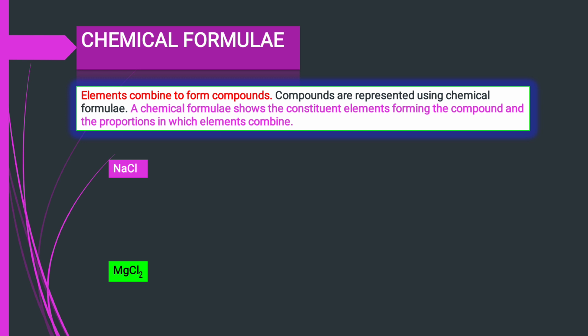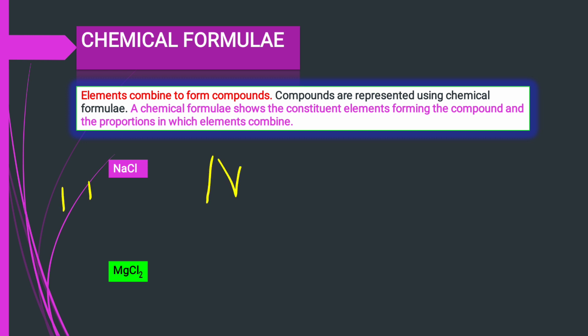And in this example, we shall use the example of sodium chloride and magnesium chloride. In writing chemical formula, we need first to know the chemical symbol of an element that is forming the compound and also its valency. Remember that the valency of sodium is 1, while the valency of chlorine is 1 as well.